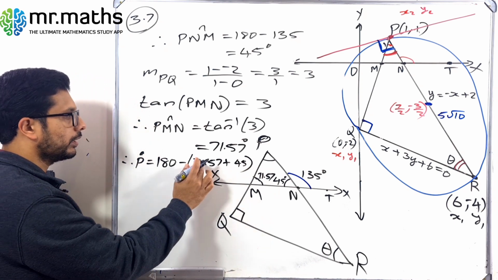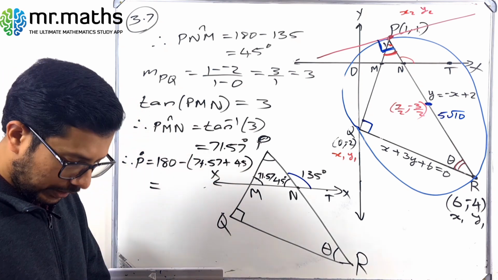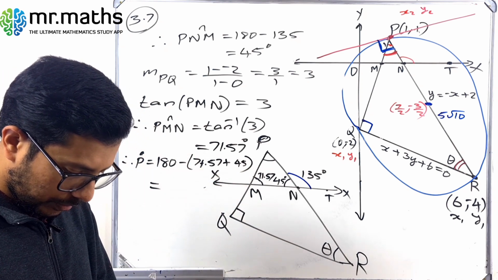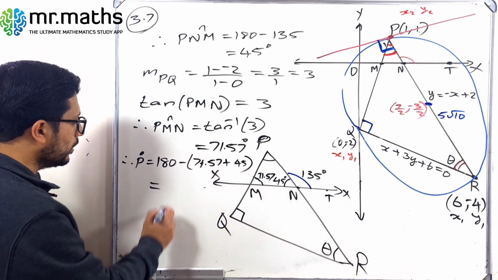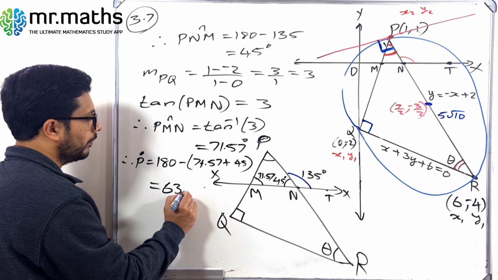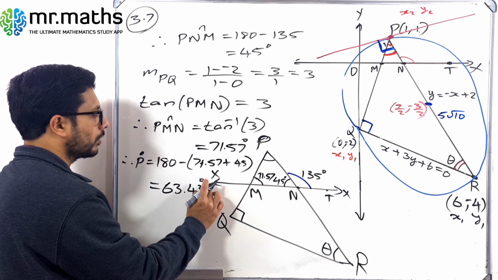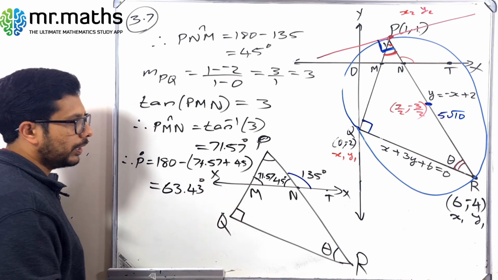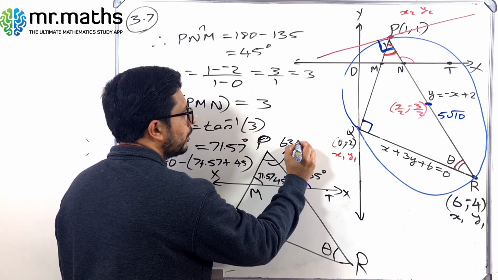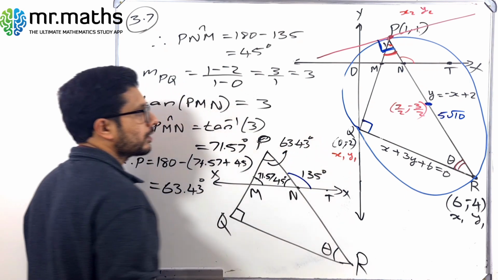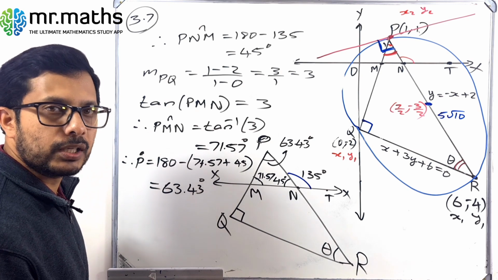Check in your calculator. So angle P is equal to 63.43 degrees. So it means that this angle is 63.43 degrees. You understand?